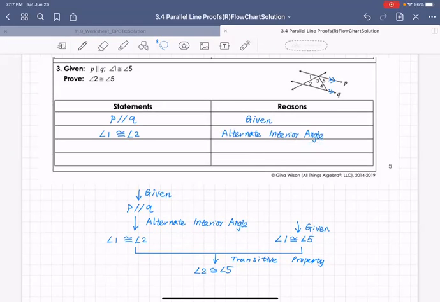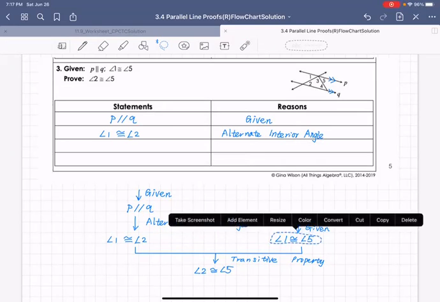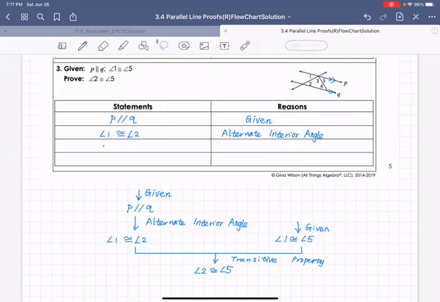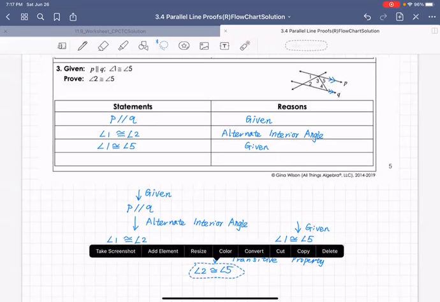And on the other side, you were given angle 1, angle 5 congruent. So you copy and you paste over here. Of course, this is because of the given condition. Next, angle 1 is congruent to angle 2, and angle 1 is congruent to angle 5.